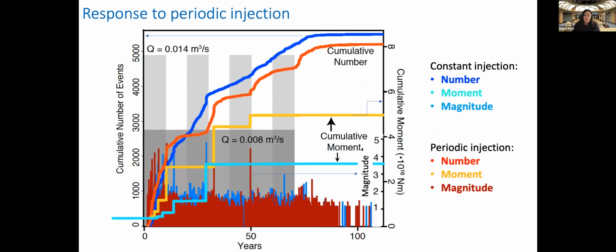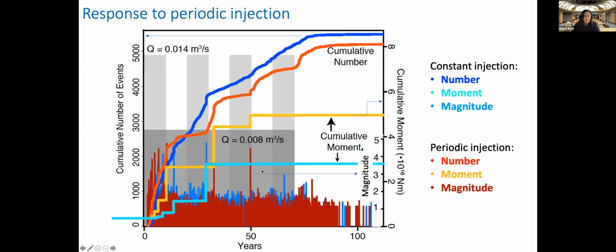Okay, and with this slide, I think I was trying to win an award for figure complexity or something, so I apologize in advance, but bear with me. The gray blocks are just those injection histories that I showed on the last slide, so let's ignore those. On the y-axis, I've plotted three properties. First, the cumulative number of events in each simulation, which can be read on the y-axis on the left.